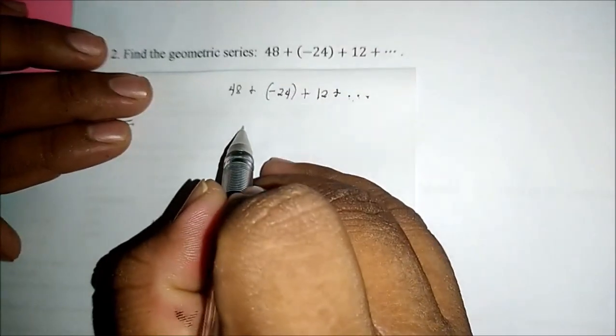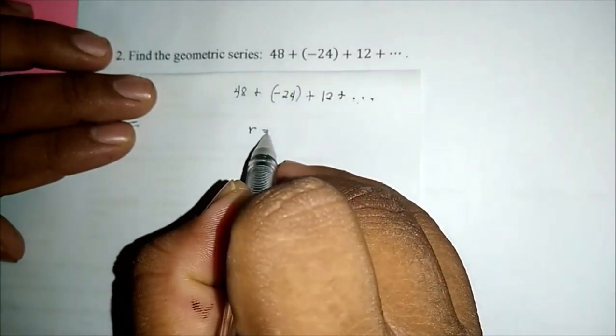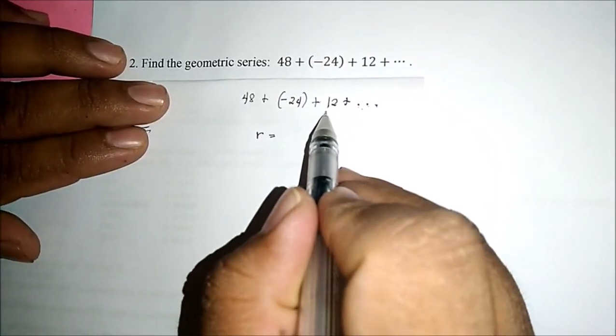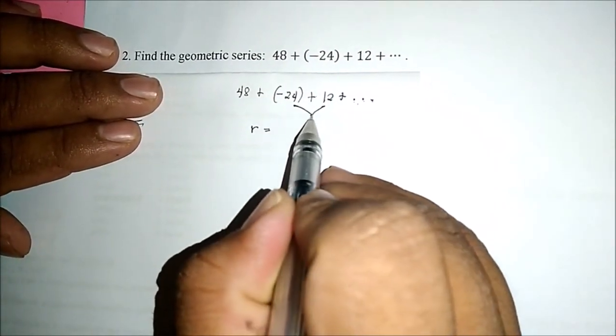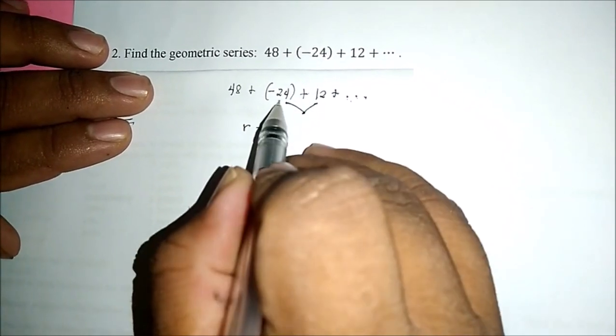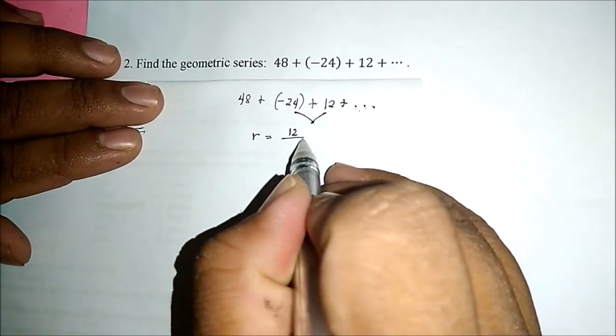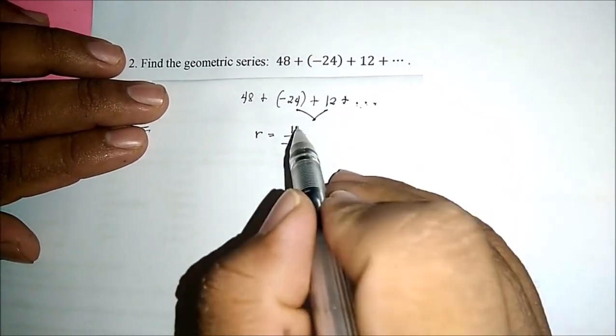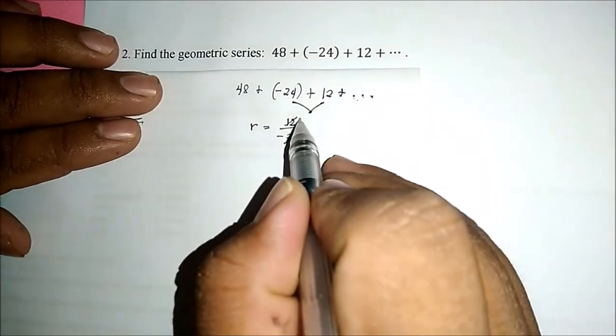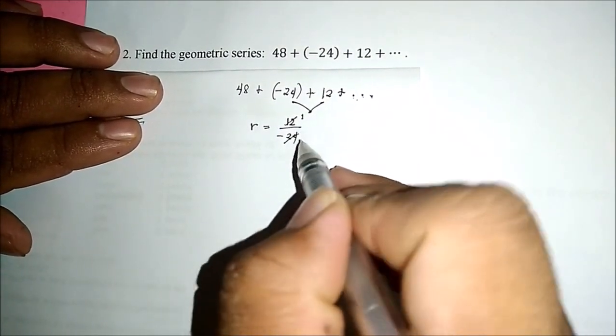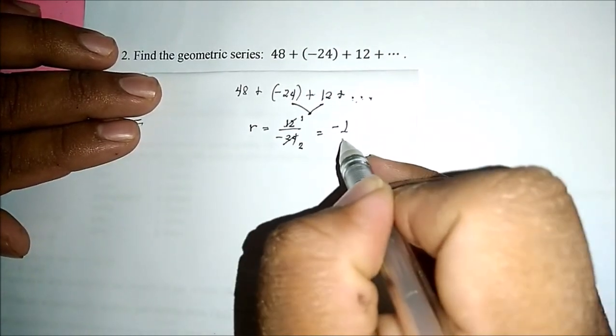So let's check for the common ratio first. We could divide consecutive terms, so pwedeng ito sa ito, right divided by left. So 12 divided by negative 24. By simplifying this, divide by 12. So this is 1, this is 2. So the common ratio is negative 1/2.